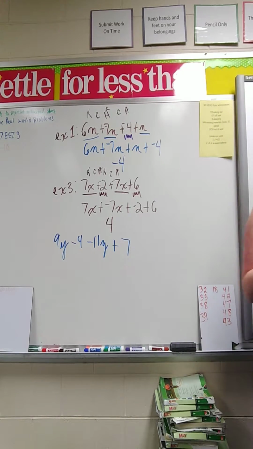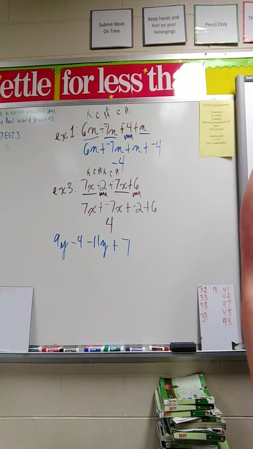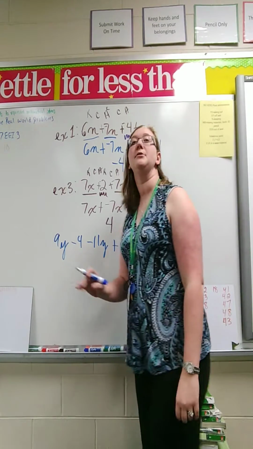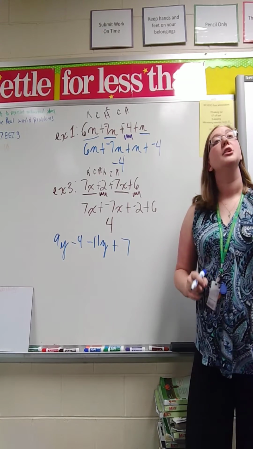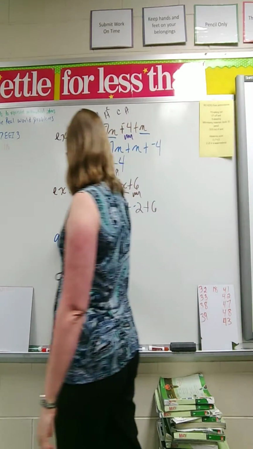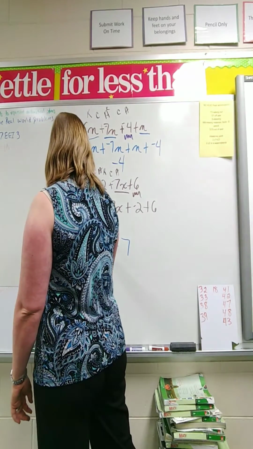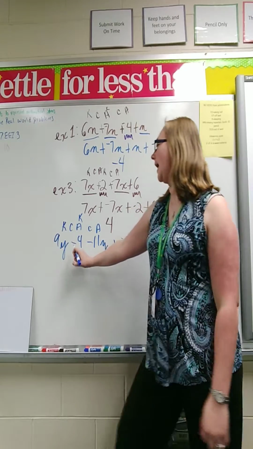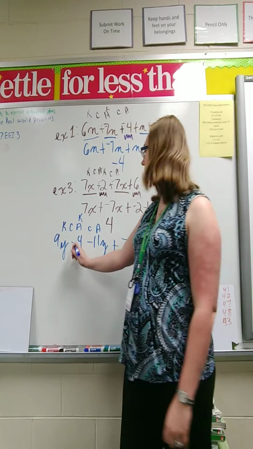Help me out. What's the first thing that I'm going to do? KCA. How many times do I need to do that? Twice, because I have subtraction twice. Okay. 9y, I change the subtraction to addition.